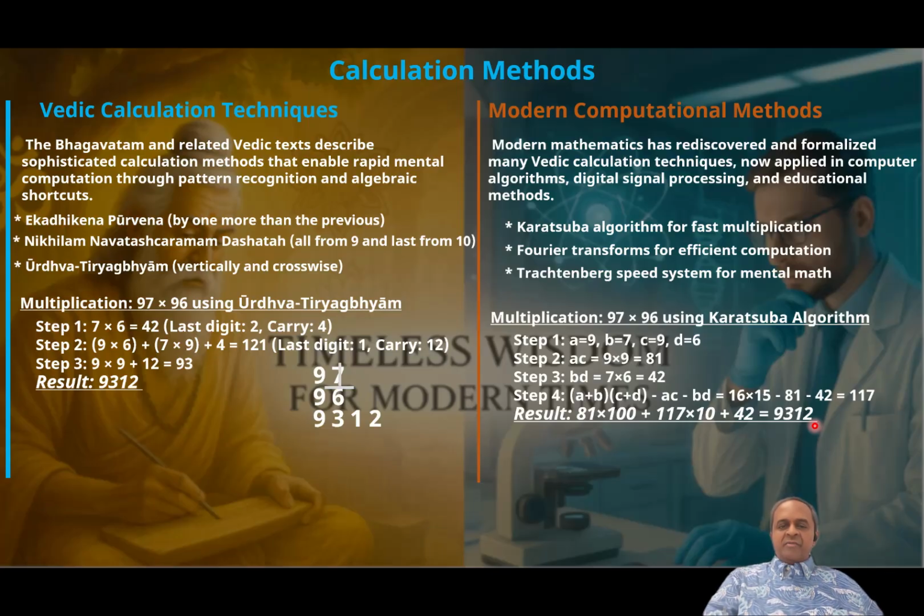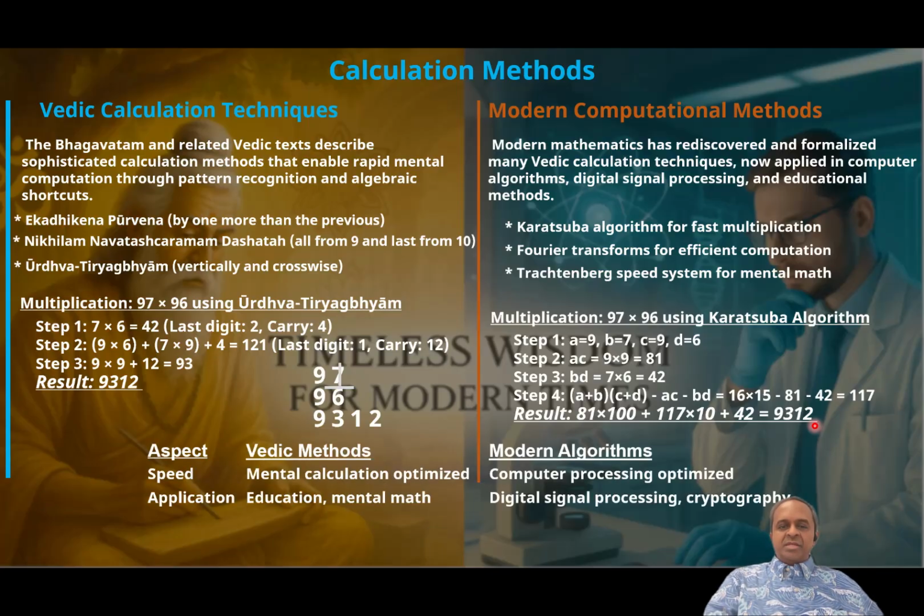So the comparison reveals fascinating insights. What are those? Speed. Vedic methods are optimized for mental calculations, while modern algorithms are optimized for computer processing. Application. Ancient methods excel in educational and mental math, while modern versions are used in digital signal processing and cryptography.